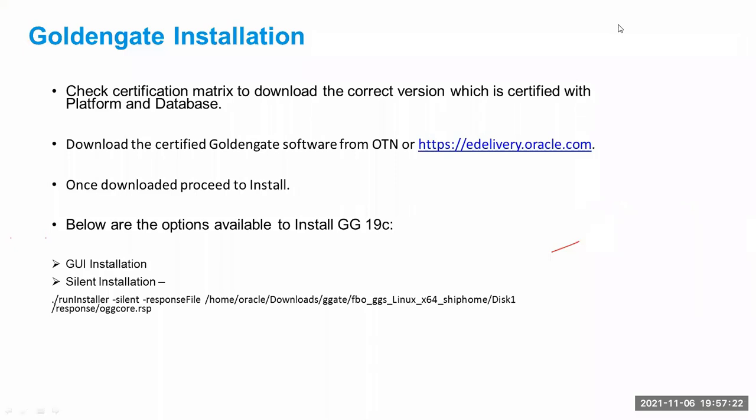Guys, one thing which I have noticed is that before we install any product like GoldenGate, we just use the latest version without checking the certification matrix to confirm whether it supports our environment, our database, and our platform. So 21c is the latest, or you can use 19c. 21c is the latest, guys, but I am not using it right now, the reason being it's a new version.